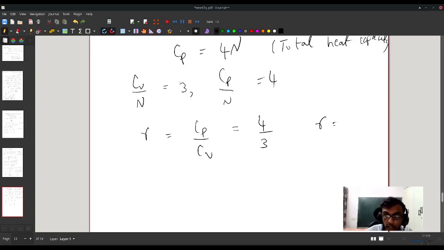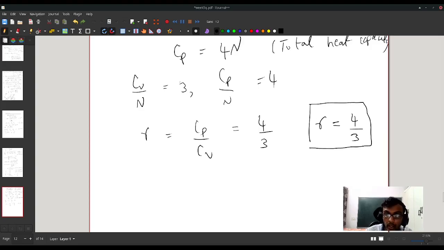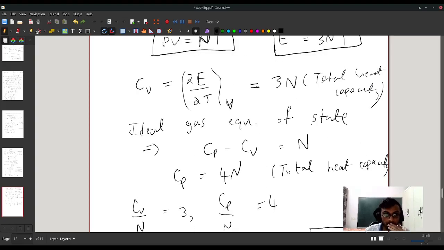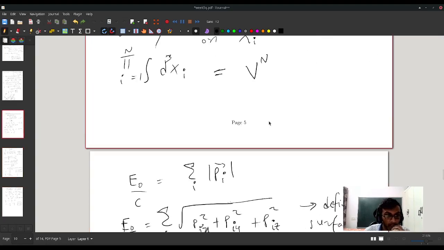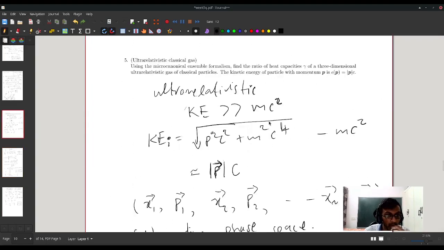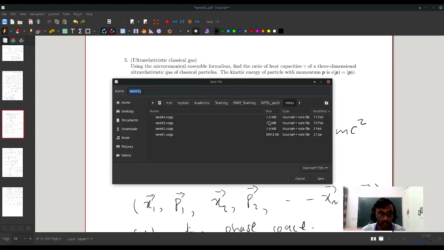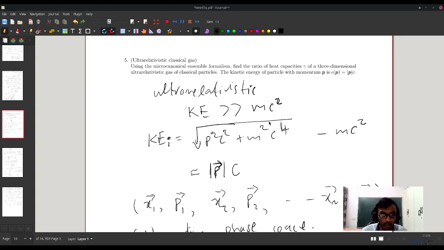So of course this is directly a result of the kinetic energy depending as mod p. So this is how the microscopics can of course alter or influence the thermodynamics.